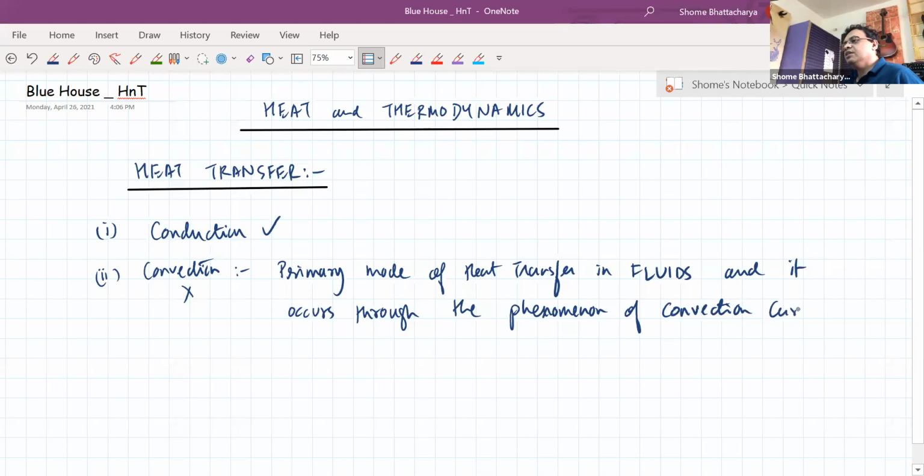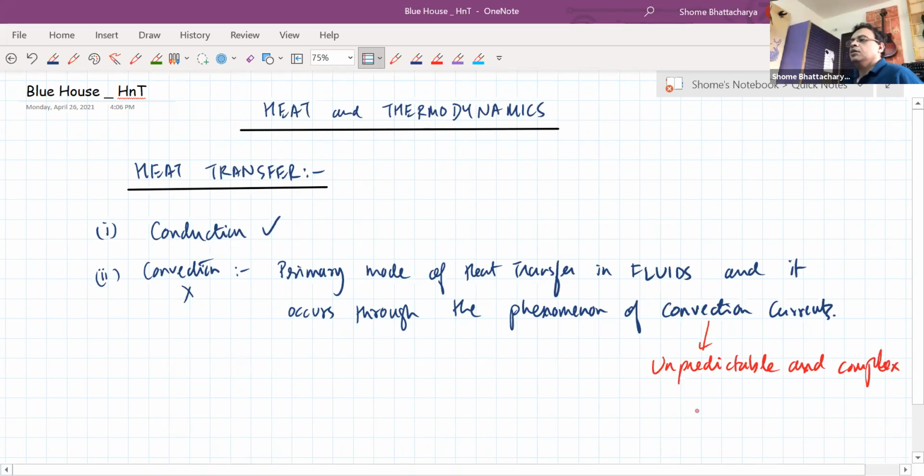Now, convection currents are somewhat unpredictable and complex. They are not described by simple equations, but rather they have to be described by some kind of simulation modeling, which goes outside the scope of our 10+2 level discussion.